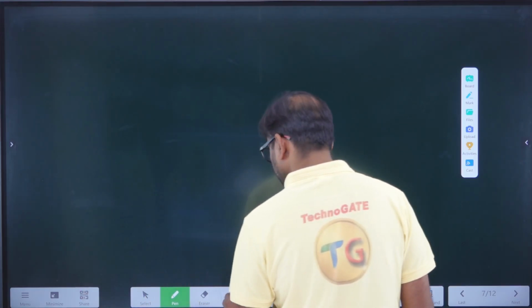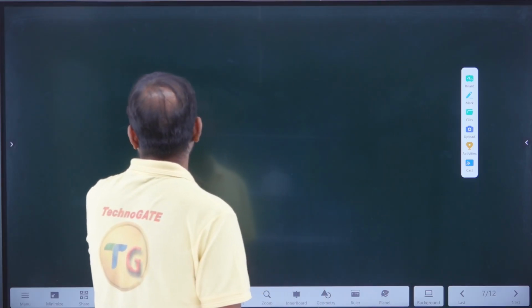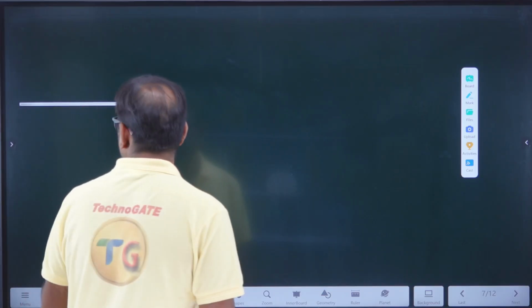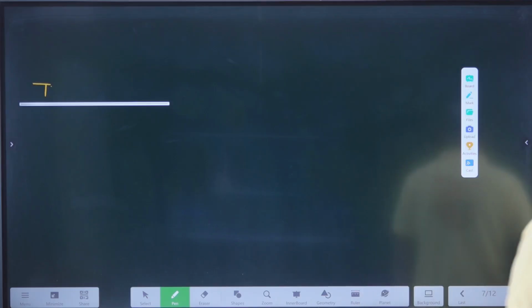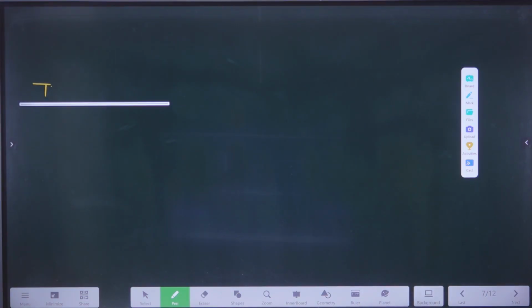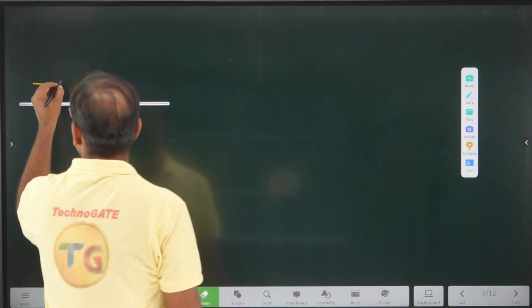So we will draw the transfer characteristics of the bistable multivibrator.